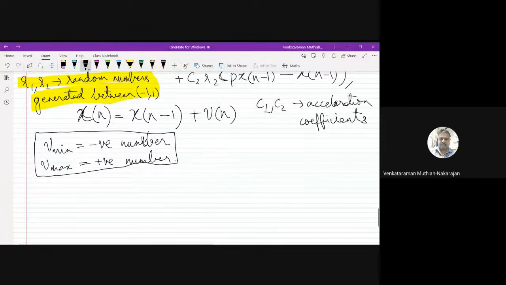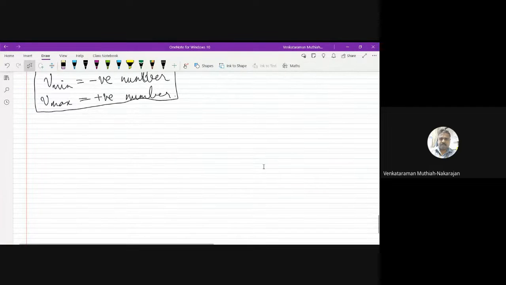Okay. I want to say one thing. I have shown a comparison of two algorithms. One of them is the PSO, the original particle swarm optimization.